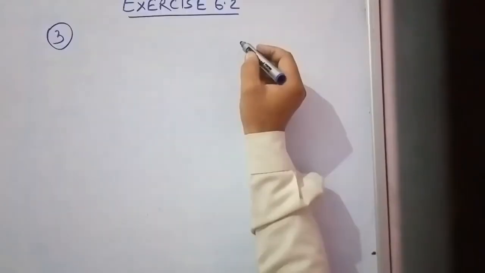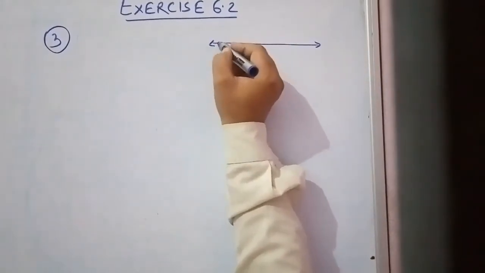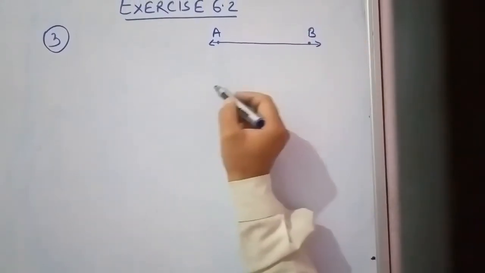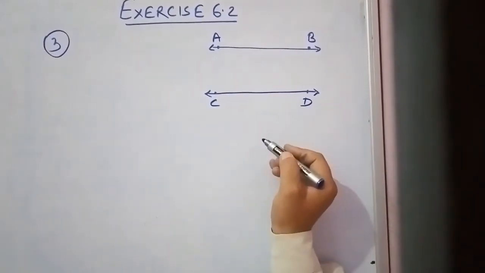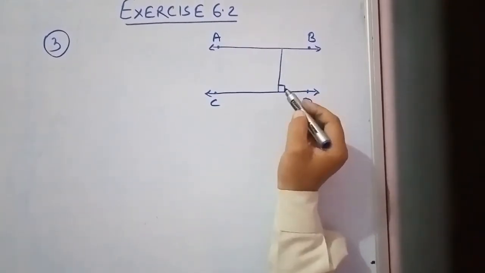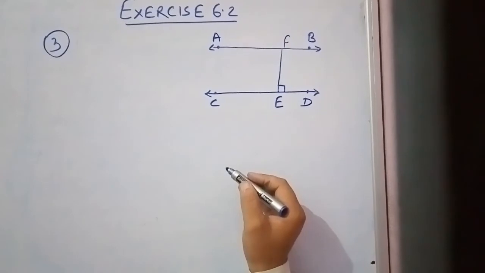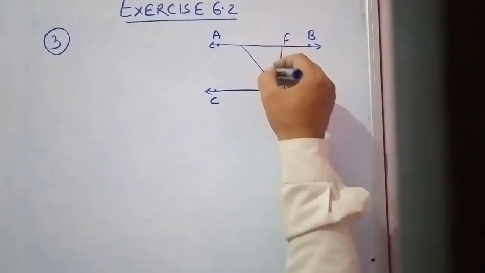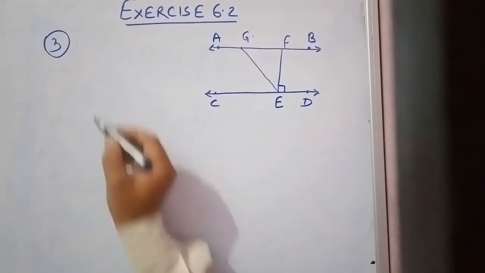Question number 3. In this question AB is parallel to CD, and EF is perpendicular to CD, and here G to E is joined.